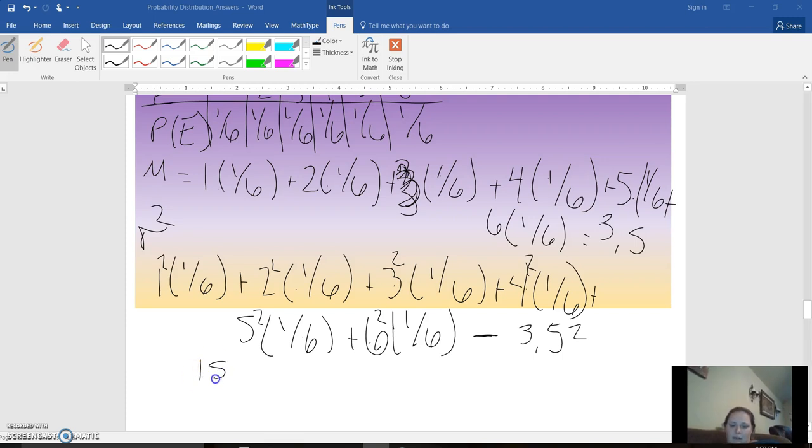So I get 15.2 minus 3.5 squared. And I get 2.9. All right, that's variance.